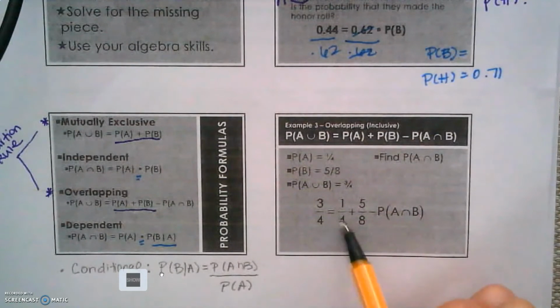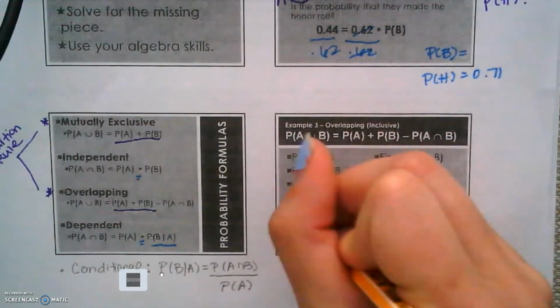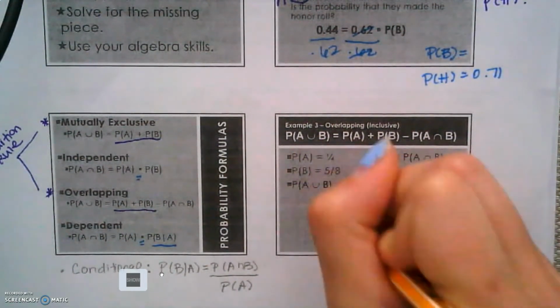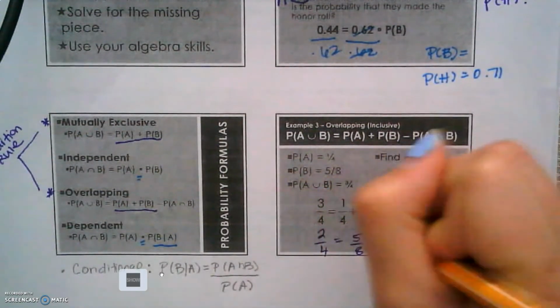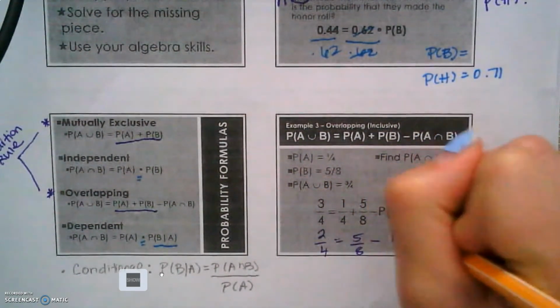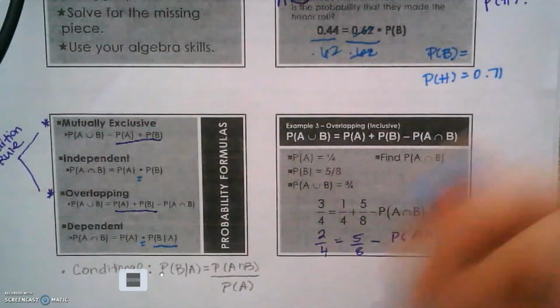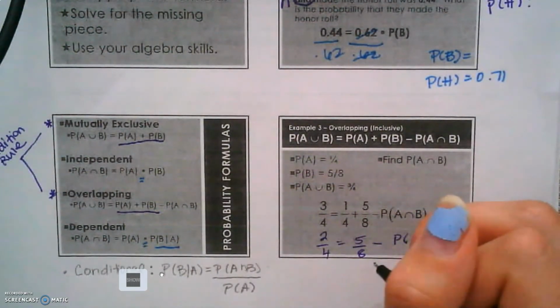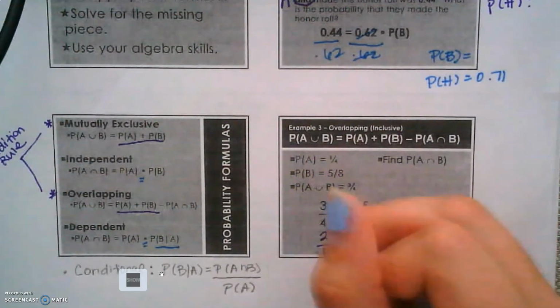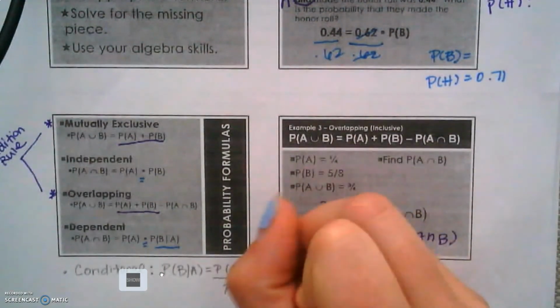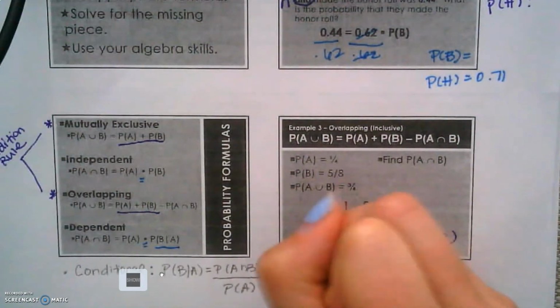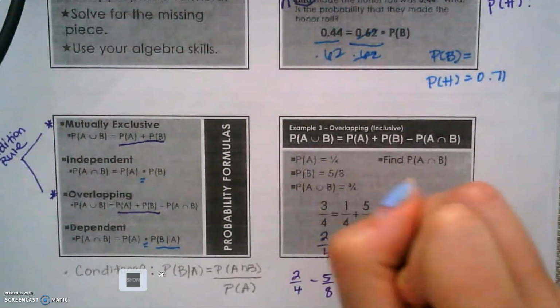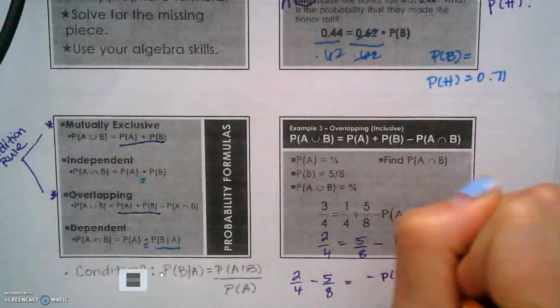I'm going to subtract 1/4. So this is going to be 2/4 is equal to 5/8 minus the probability of A intersect B. Then I'm going to subtract 5/8, and that's 2/4 minus 5/8 is equal to a negative P of A intersect B.